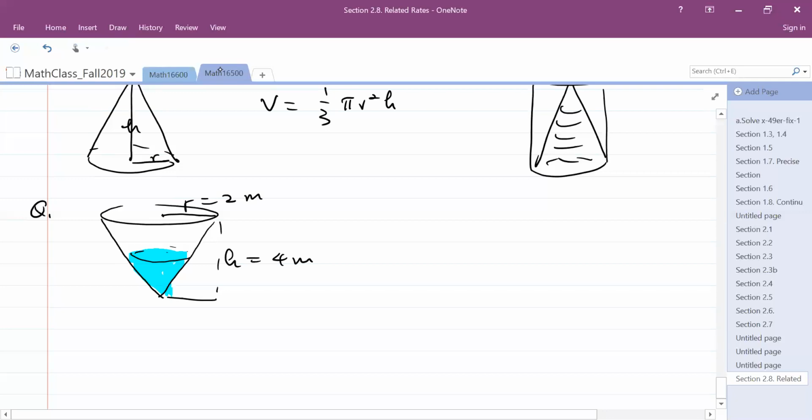All right. So we assume that water is being pumped into the tank at a rate of 2 cubic meters per minute. So here's the assumption.